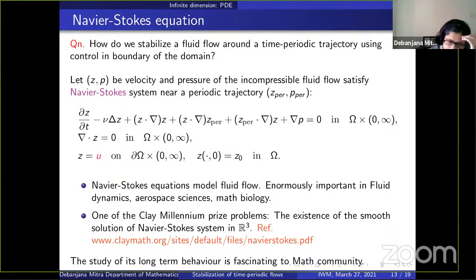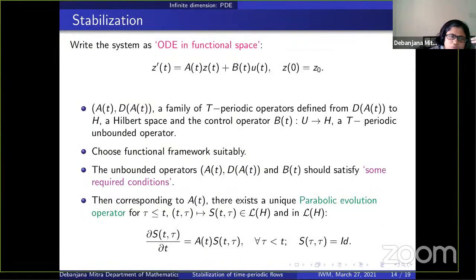What we wanted to do is study the stability or stabilizability around a periodic trajectory, and for that the goal was: can we write it in operator form? It is a dynamical system, but now it is posed in a suitable functional space, and we consider a Hilbert space setup instead of R^n.